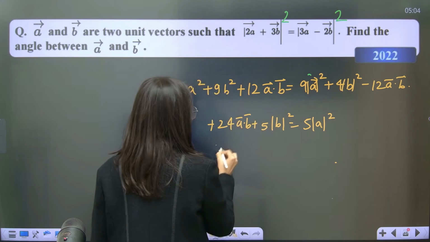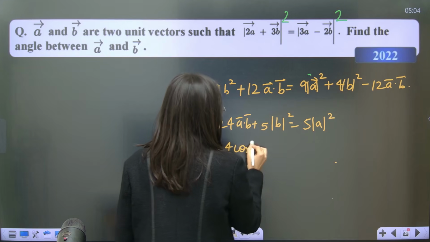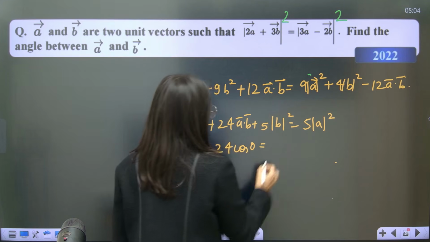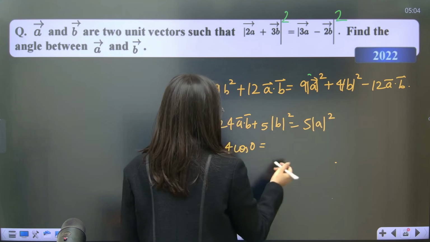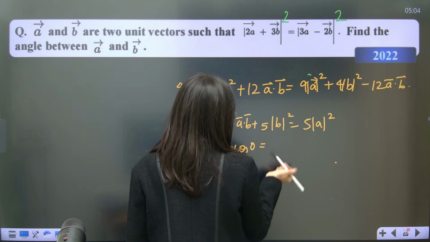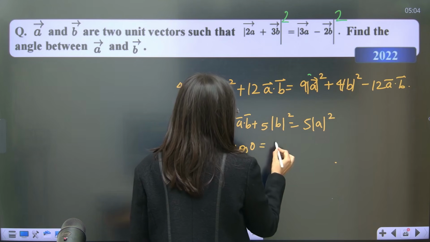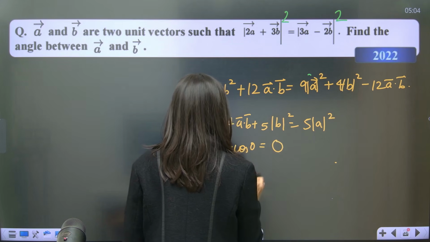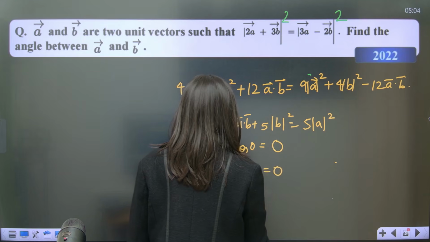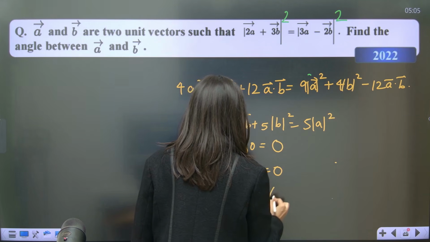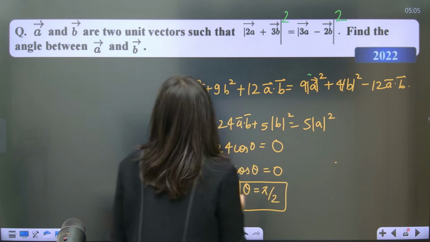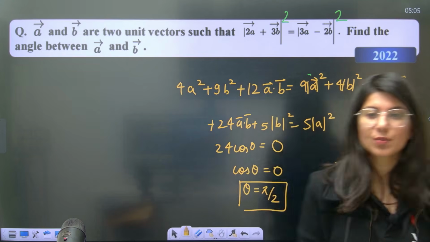Okay, so 24 cos theta is equals to 5 and 5 cancel out, is equals to what? 0. So cos theta being equals to 0, that means theta being equal to pi by 2. So that means angle between A and B is going to become pi by 2.